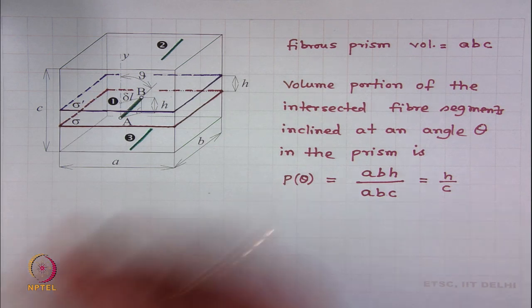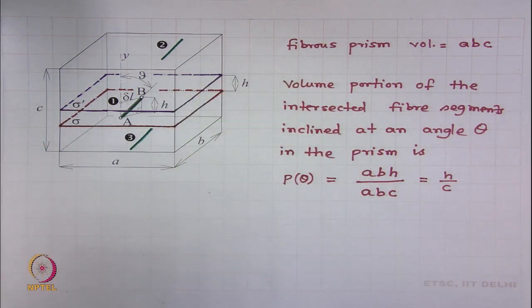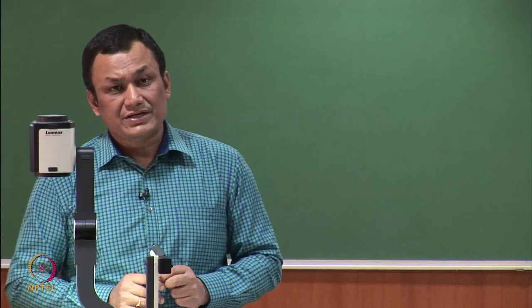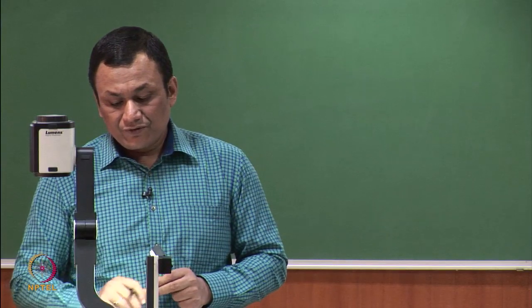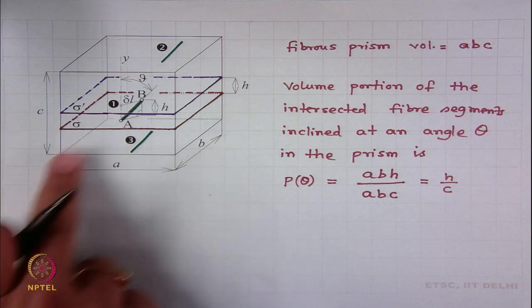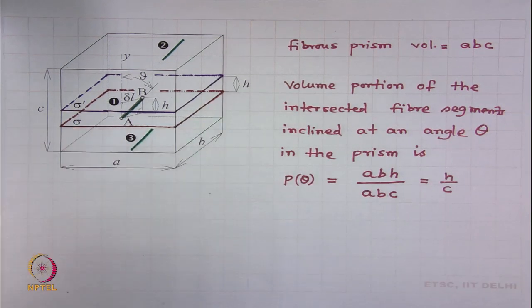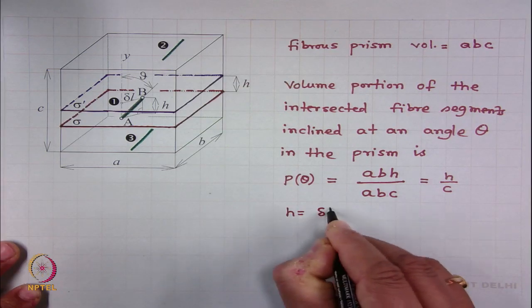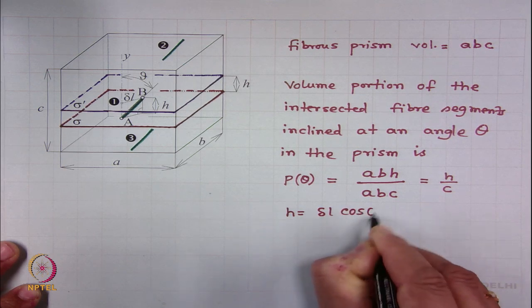H is the distance between two ends A and B. Delta L is the infinitesimally small length of fiber segment AB, and theta is the angle of inclination of the fiber segment from the normal y axis to the sectional plane sigma. So, we see that H is equal to delta L cos theta.